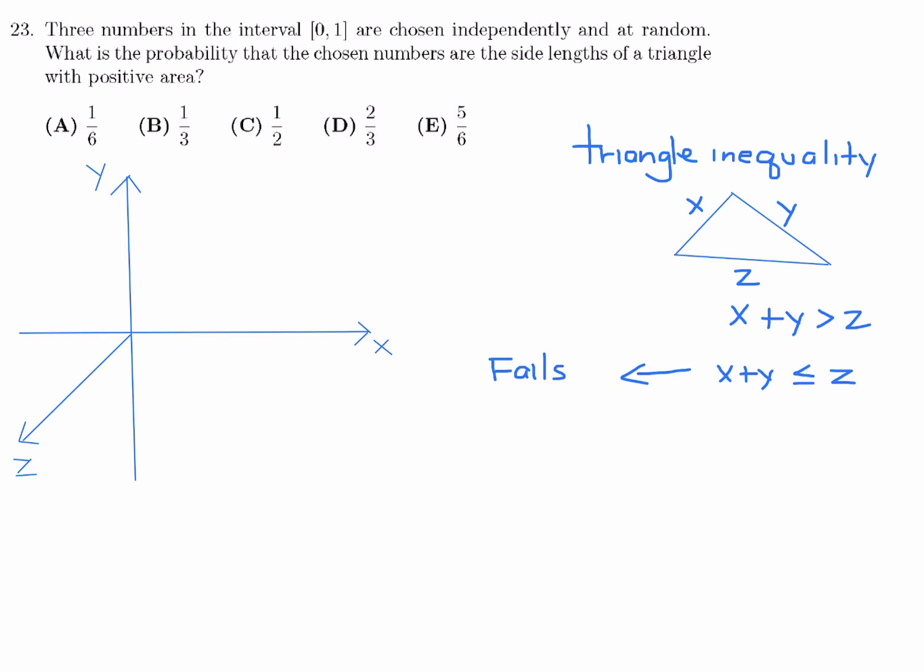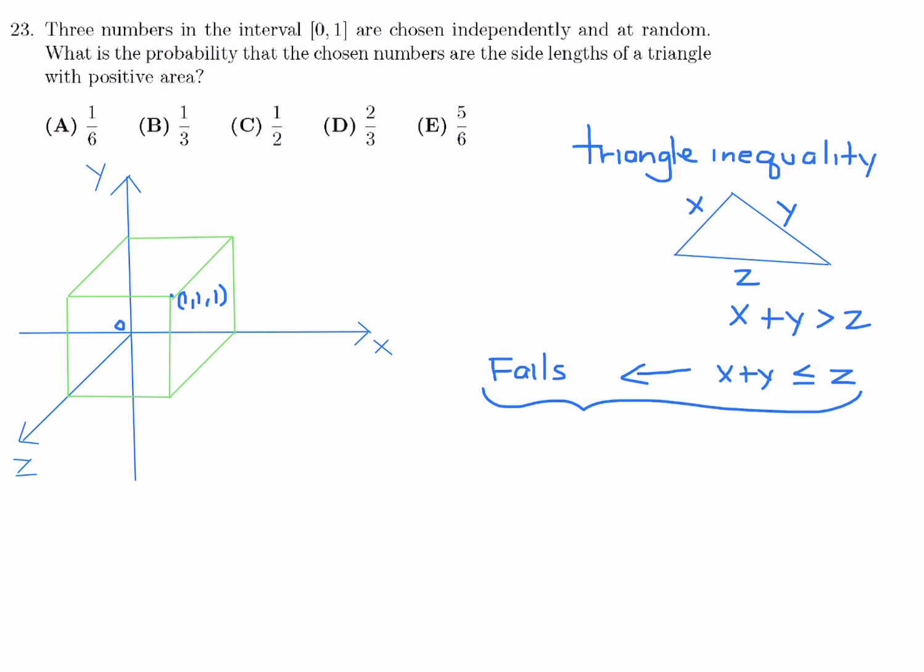So that's the maximum that anything can be, between 0 and 1. So let's draw that in. And of course, this is the origin. And this point right here would be 1, 1, 1. So it's a cube, basically, that describes all the possible choices for x, y, and z, the three sides of the triangle.